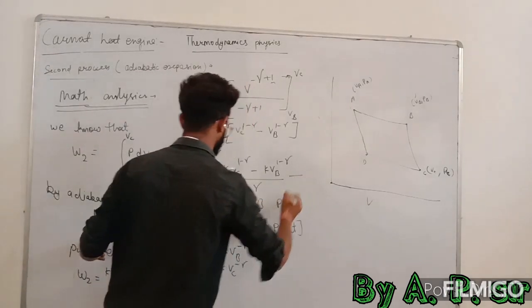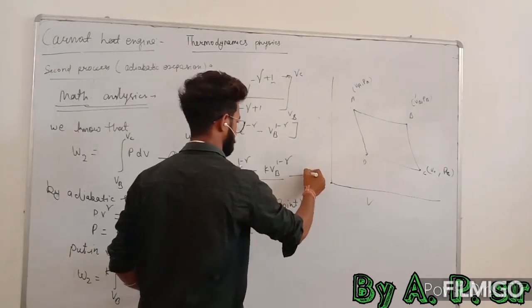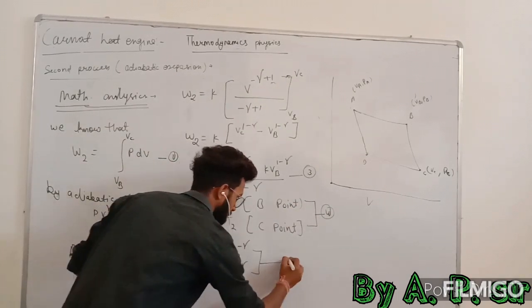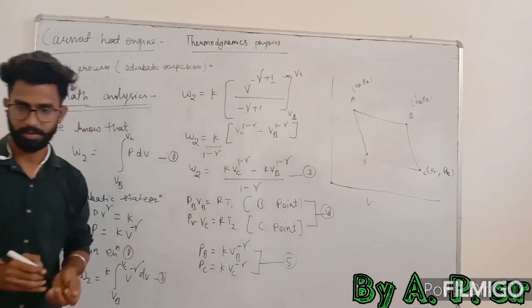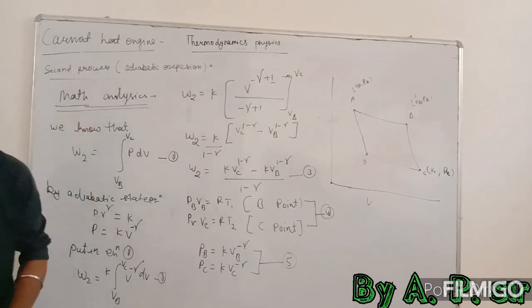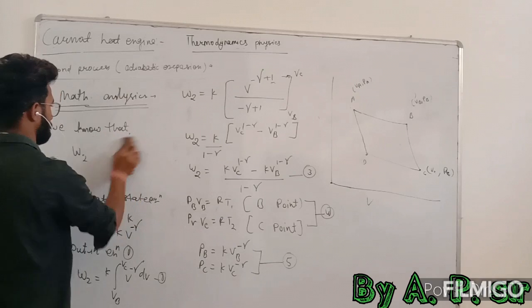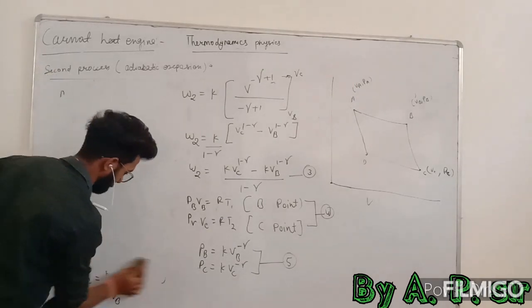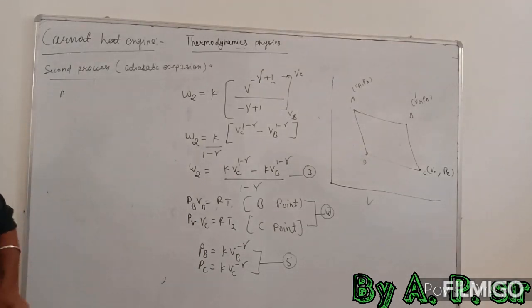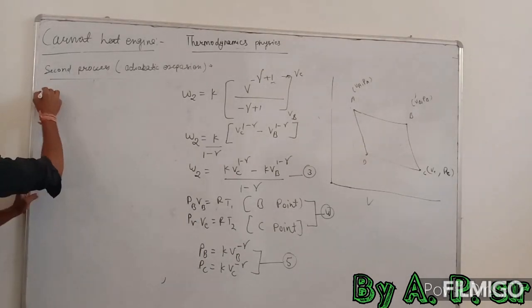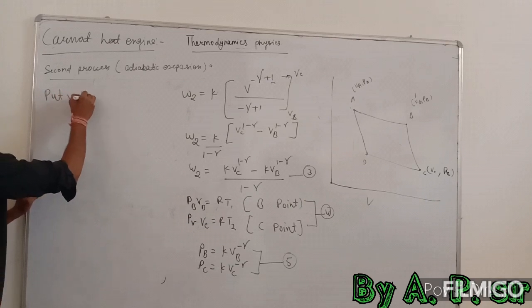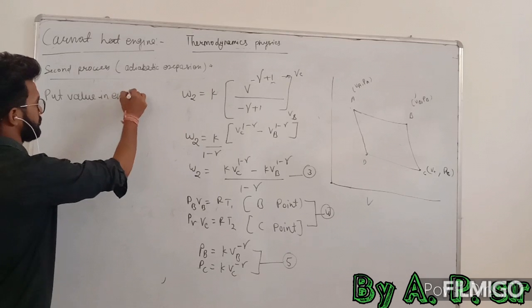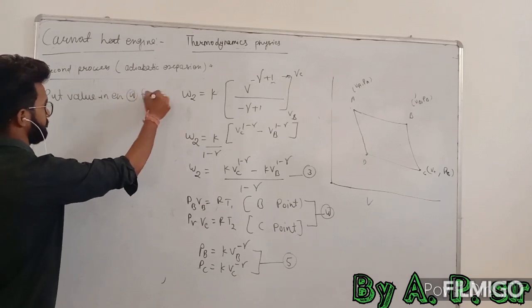This is equation 3, this is 4 and this is also 5. Then put the value in equation 4 from 5.